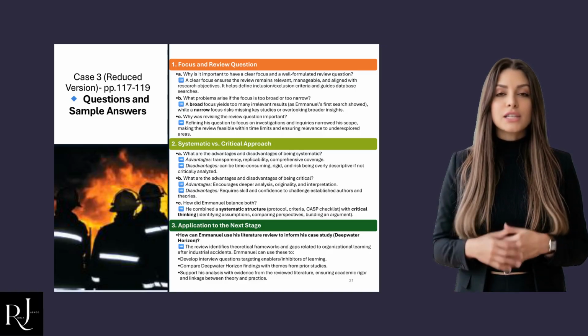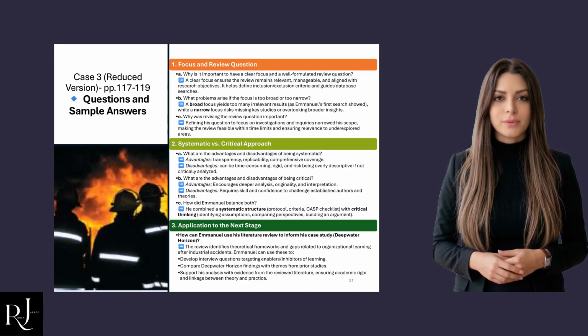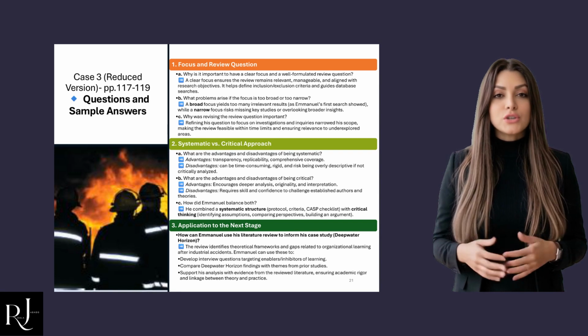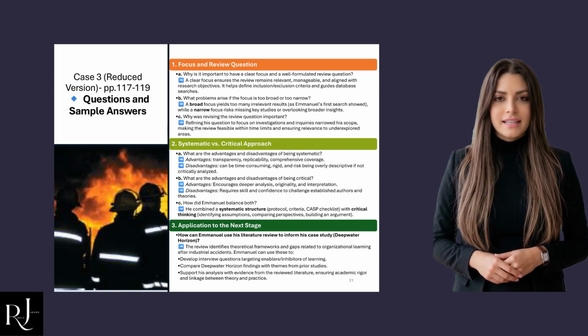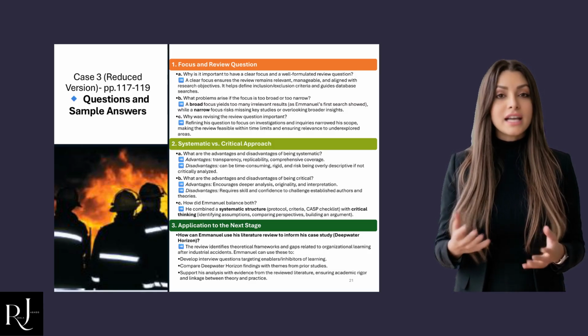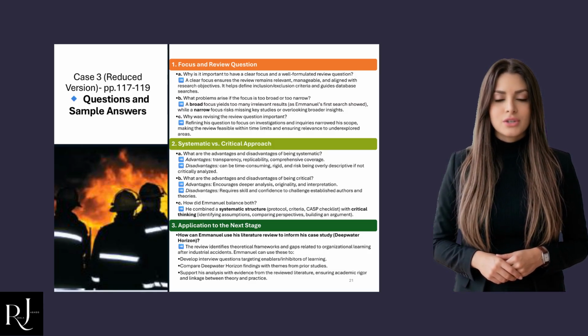To wrap up, let's reflect on some sample answers from Emmanuel's case. A clear focus is vital because it ensures the review remains manageable and aligned with your objectives. If your focus is too broad, you'll get too many irrelevant results; too narrow, and you might miss key insights.